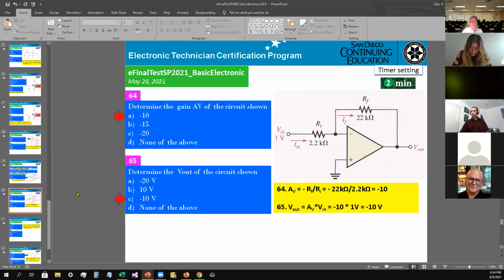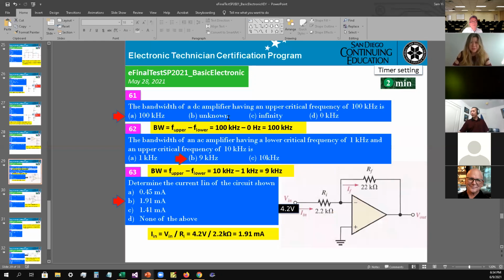61 and 62, can we do the same formula? Okay, 61, 62, yes. Like Richard said, DC doesn't have any frequency, so the low frequency is going to be 0 hertz at the lower side, and the upper side is going to be 100 kilohertz.